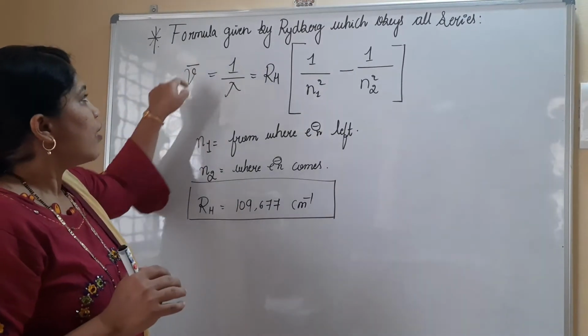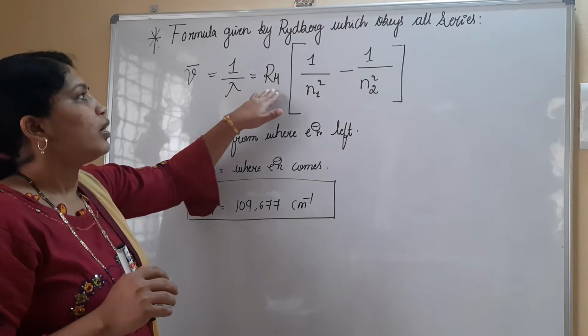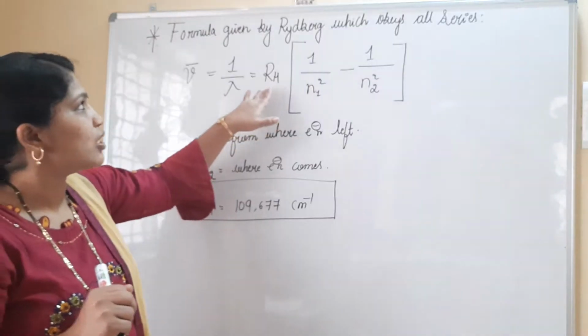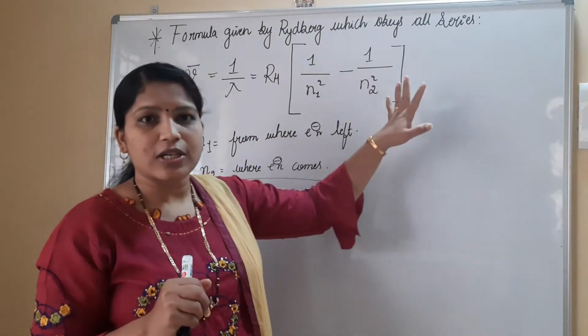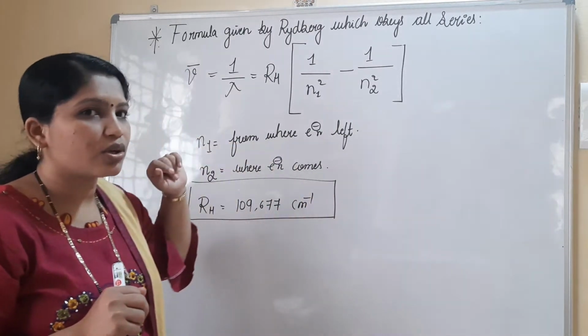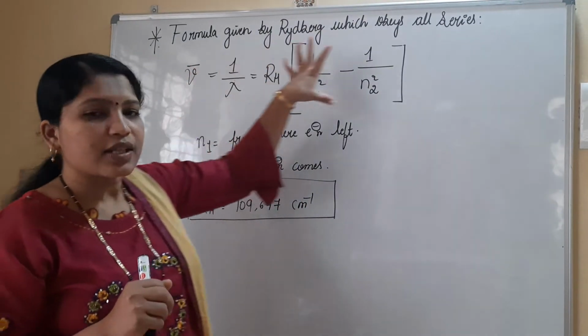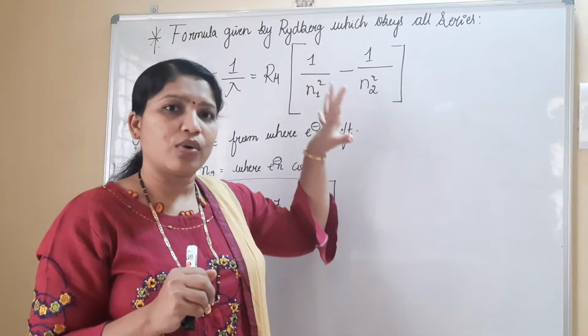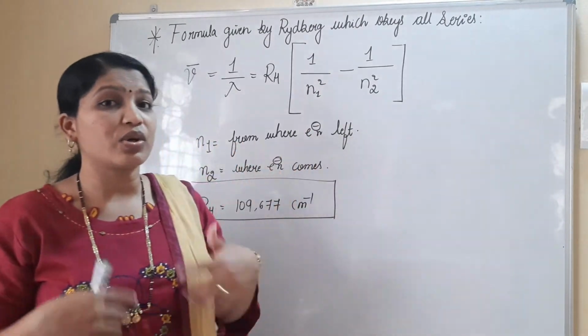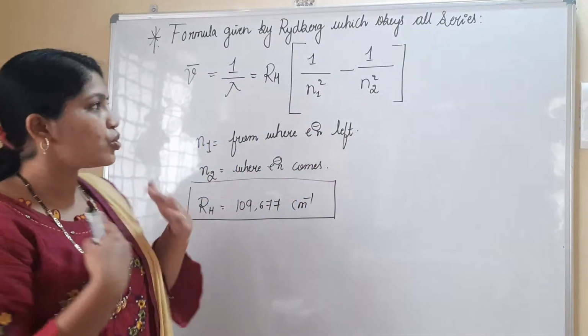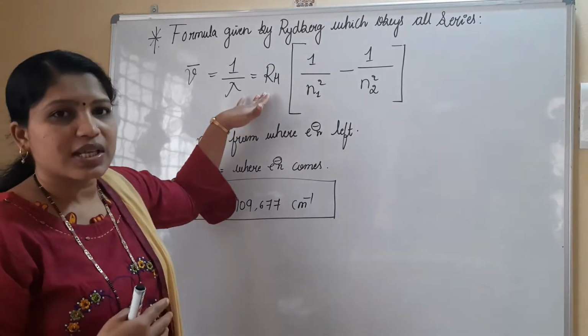So see here, nu bar equal to 1 by lambda. Here R_H, what I have written, is called the Rydberg constant. He has defined this formula, and it holds good for all the series. So it is named after him, Rydberg's equation.